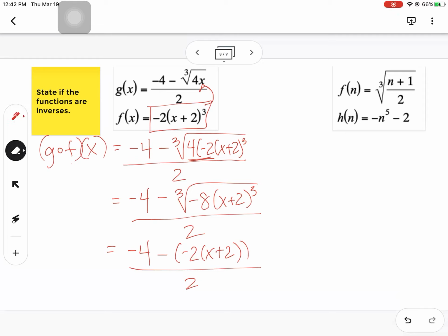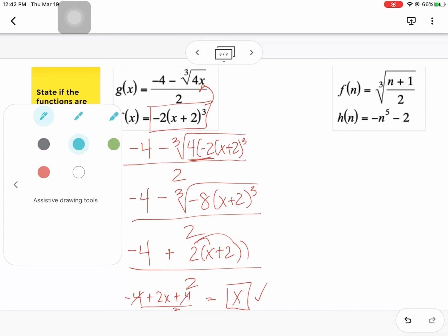And then it just becomes doing some of this math. This negative times a negative 2 is really plus 2. I'm going to distribute this negative 2, so it's negative 4 plus 2x plus 4 all over 2. These 4's cancel. 2x over 2 gives me just x, which is what we talked about last time as being the prerequisite. Again, that is not the only way to do it, but that's one way to solve that problem.